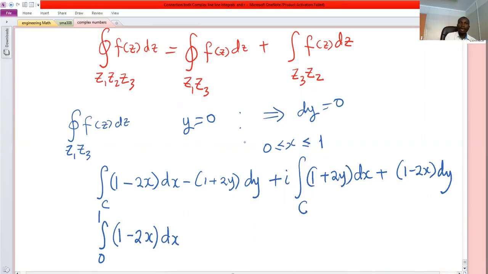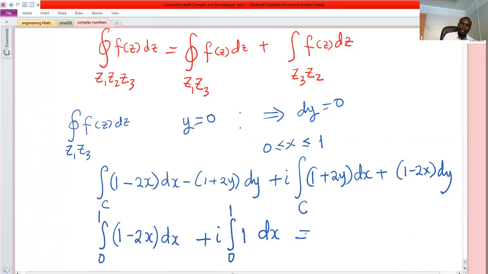And then because dy along this path is 0, this term will not be there. So there's no need of us writing it here, because it will be 0 times 1 plus 2y, just 0. And then plus i integral 0 to 1. Where there's y, we put 0. So just have 1 dx, and dy is 0 along this path. So this is the only integral that we'll have.